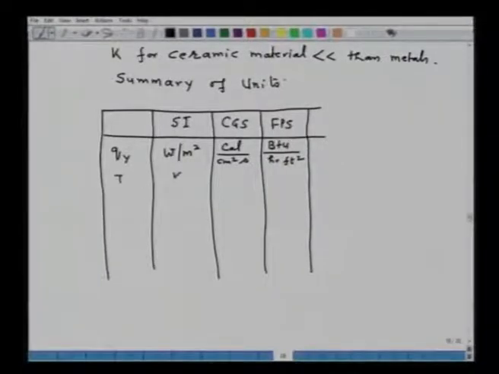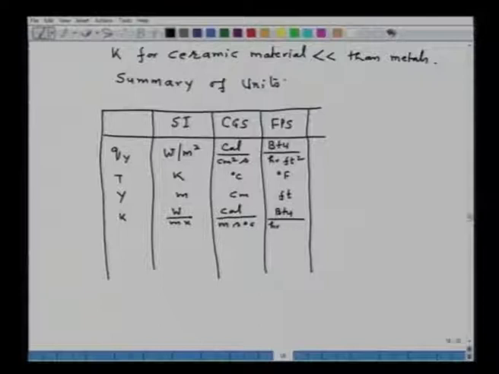Temperature is expressed in Kelvin, here degree centigrade, here degree Fahrenheit. Distance y in meter, centimeter and feet. K is watt per meter Kelvin, here calorie per centimeter second degree Celsius, here BTU per hour feet degree Fahrenheit.